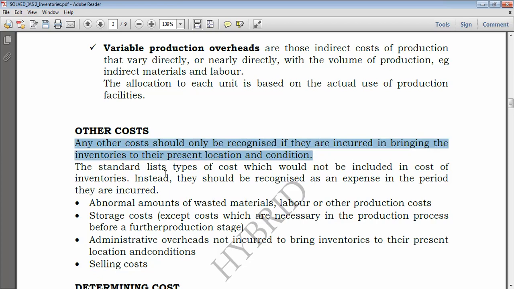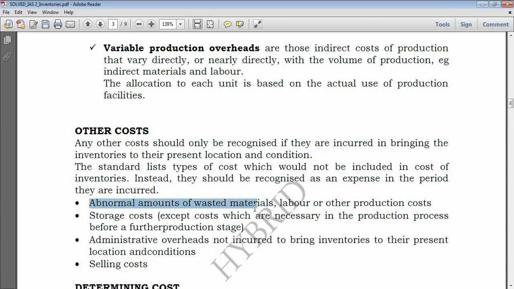So the standard lists types of costs that will not be included in the cost of inventory. Anything that does not form part of inventory has to be expensed as operating expenses, right? Yeah, that's right. For example, abnormal amounts of wasted material and labor.